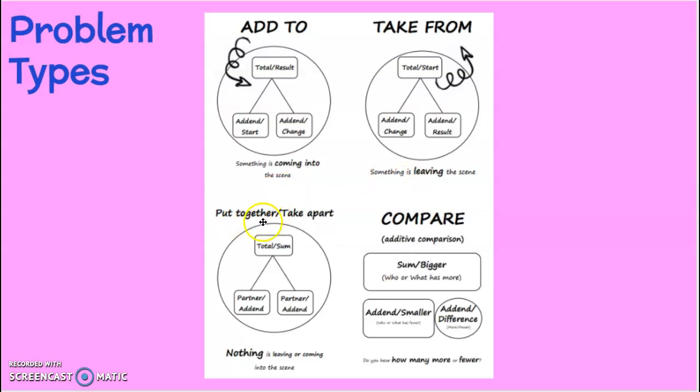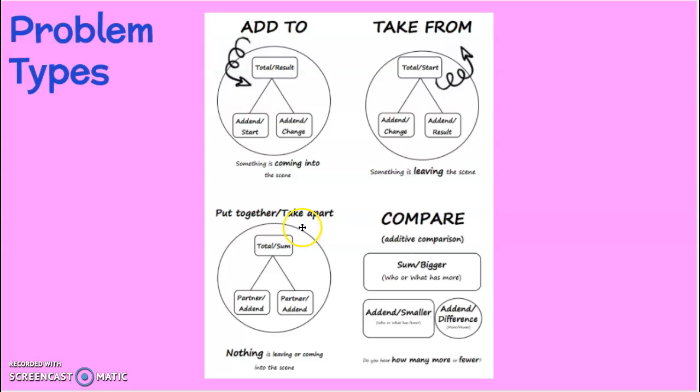But quickly, the put together and take apart problems are when nothing is leaving or coming into the scene. Okay, so I have 5 panda bears and 4 lions. How many total zoo animals do I have? Right? There are 12 marbles, 5 of them are red, how many blue?